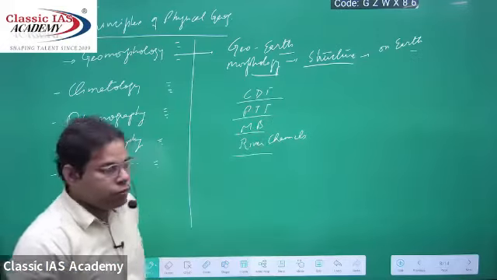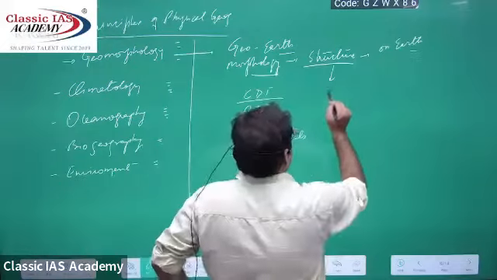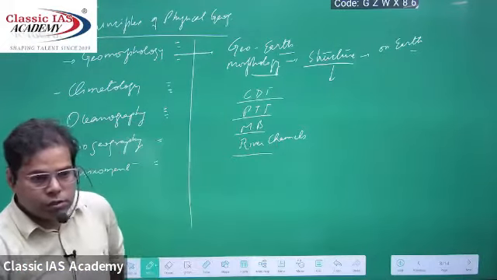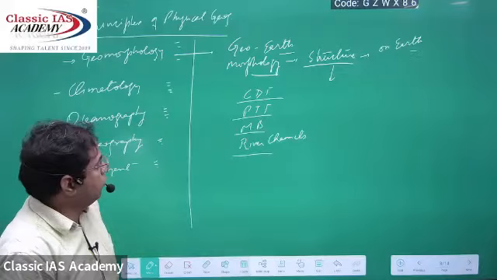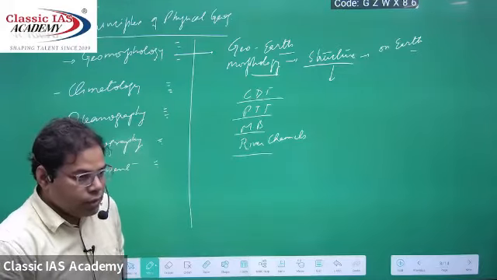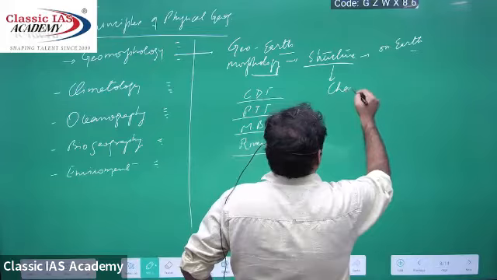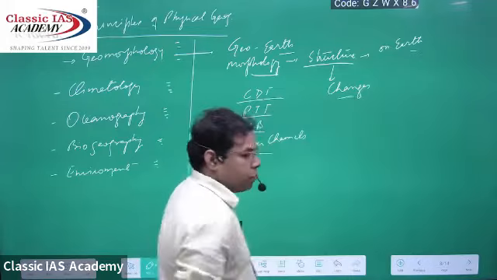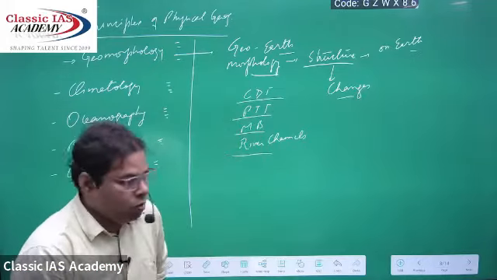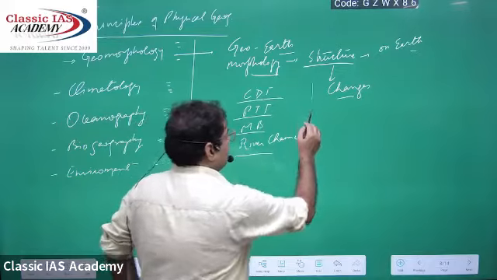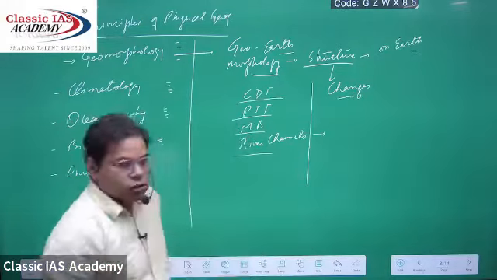These are on the basis of structure, and the structural changes which are taking place on the surface of the earth. We talk about all these topics in paper 1, part 1, geomorphology.